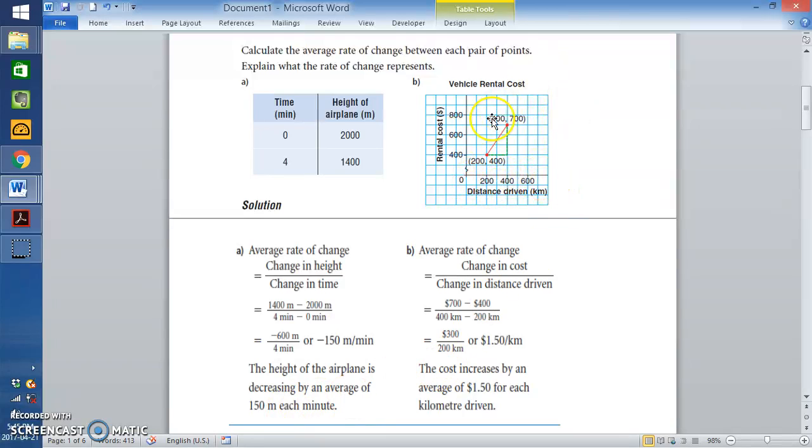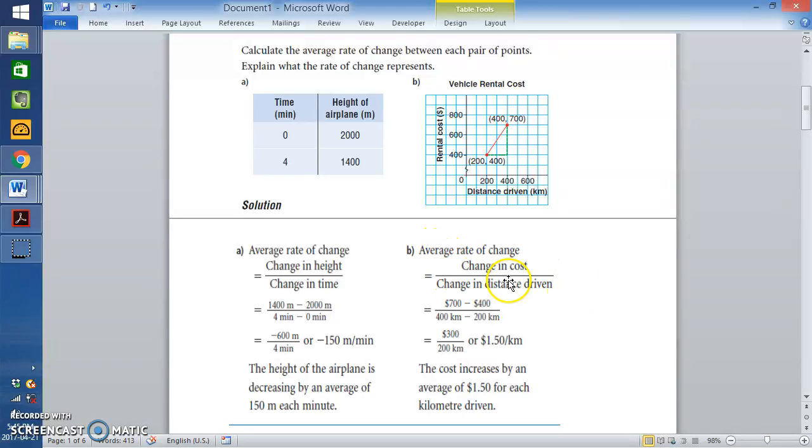On the second example, we have a graph, and as you see here, the graph has a title, and both axes are labeled, including the units, so we can easily determine what the graph represents. So it's how much we pay, what is the cost when we rent a vehicle based on the distance that we are driving.